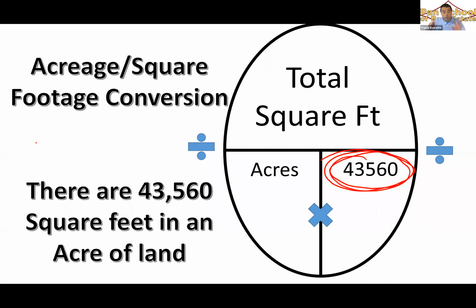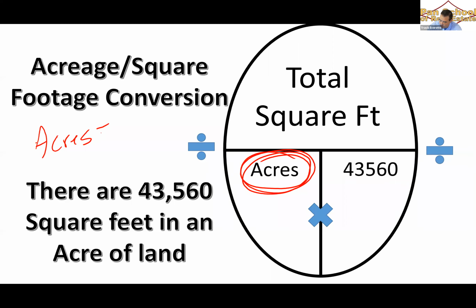Let's just read the T-bar out loud here. They give me square footage and they ask for acres. So they want to know how many acres are in a piece of property. Well, acres equals square footage, and what's the math going to be? Divided by 43,560.